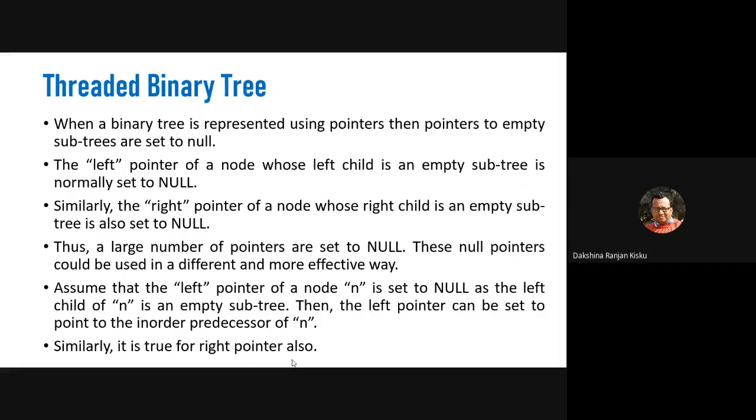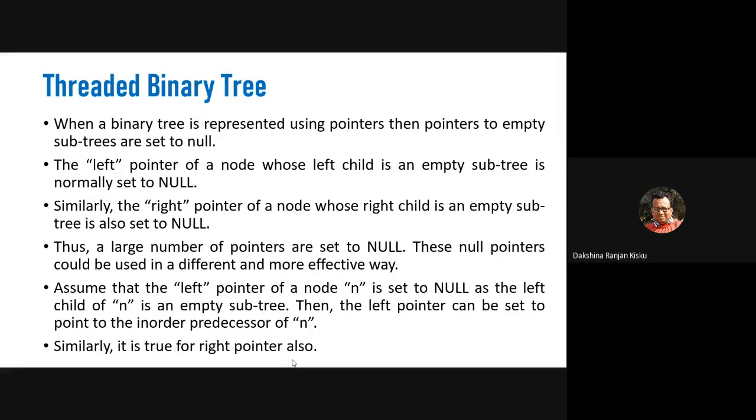Okay. Next, we will be talking about threaded binary tree. So, what is a threaded binary tree? Now, if we consider a binary tree in which we represent the empty subtrees using pointers, then we can make the empty subtrees set to null.